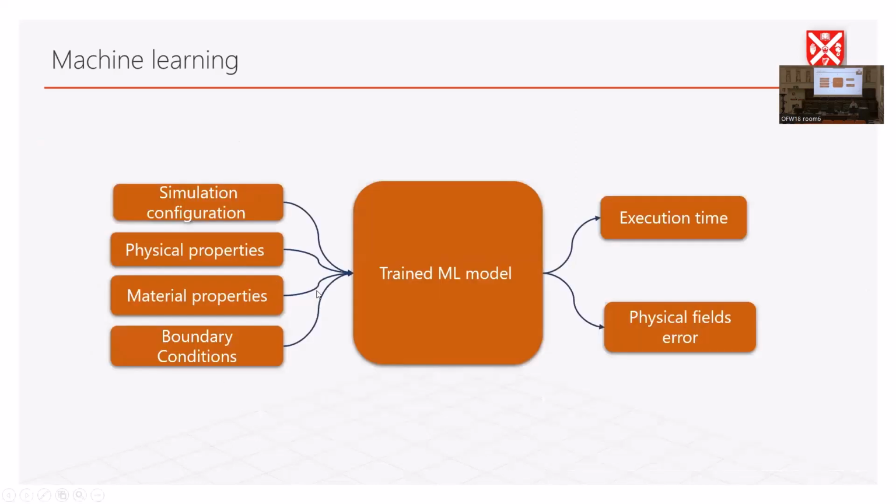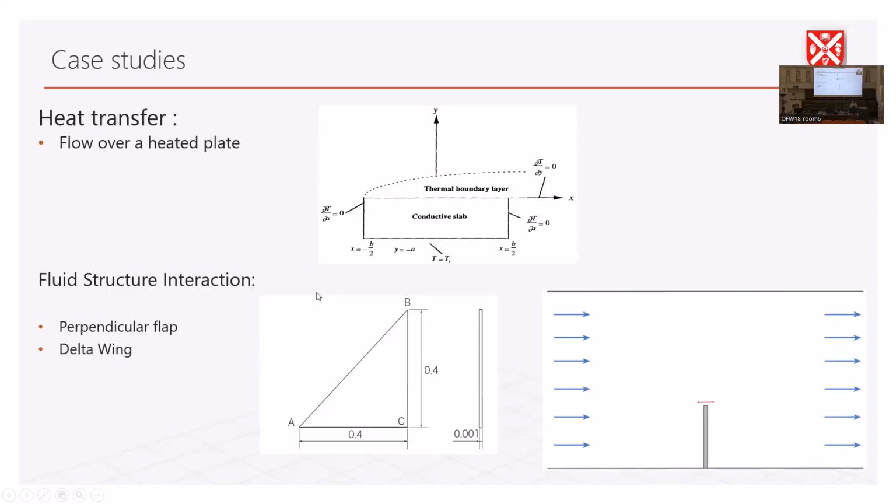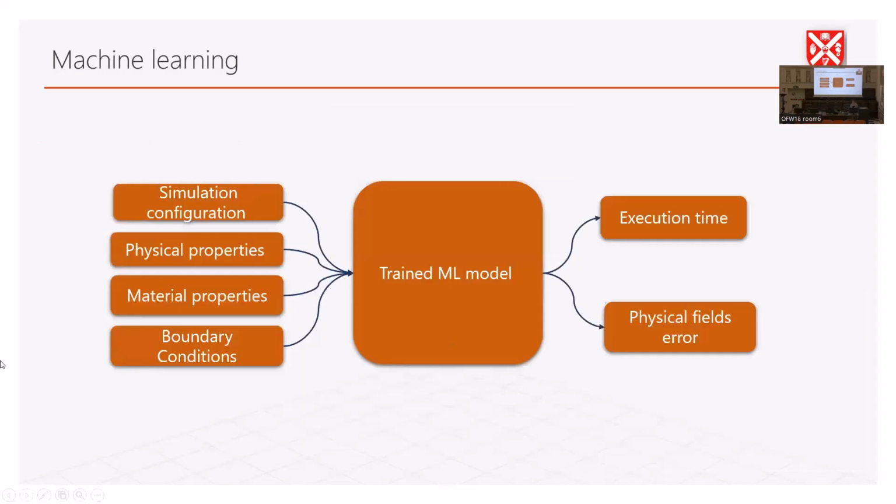So now we know how it is going to change, and we can study the problem and how the parameters impact it. Now, what happens if we have a machine learning model where we give it a particular configuration, and it gives us the execution time and the physical proof error?